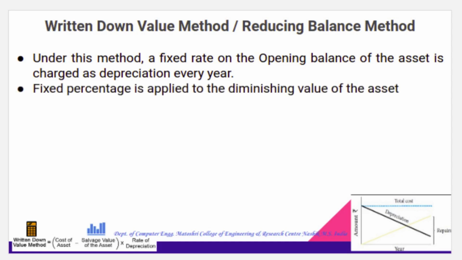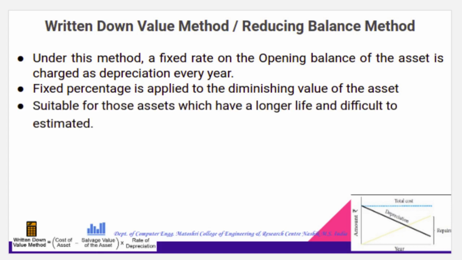In other words, though the percentage at which the depreciation is charged remains fixed, the amount of depreciation goes on reducing year after year, because a fixed percentage is applied to the diminishing value of the asset. The amount of depreciation is higher in the earlier period and becomes lower in the subsequent periods.